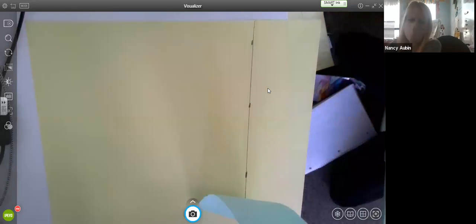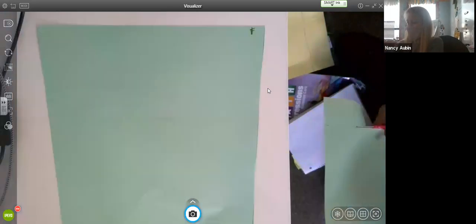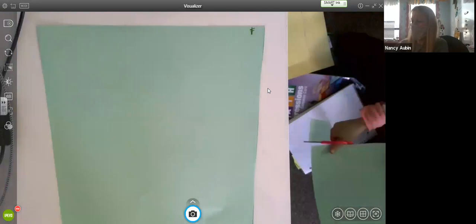All right, once you have that line, you're gonna cut it carefully. And then you can put this scrap aside and you should have 2 square sheets of paper.